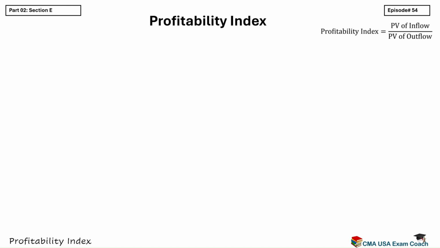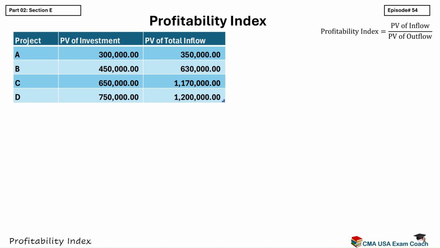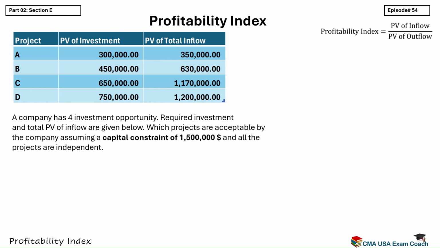A company has 4 investment opportunities. For each project, the required investment and the present value of total inflows are given. The company, however, faces a capital constraint of $1,500,000, which means it cannot invest in all the projects. Here are the details. Project A requires an investment of $300,000 and has a present value of inflows of $350,000.